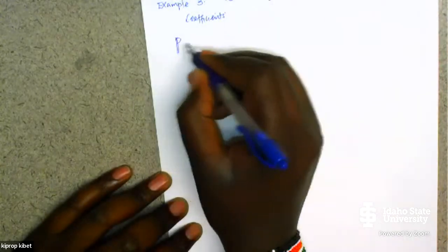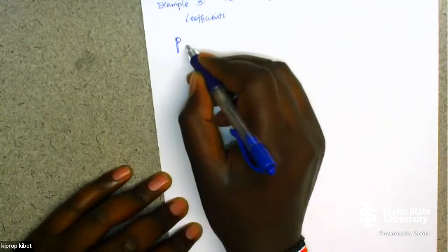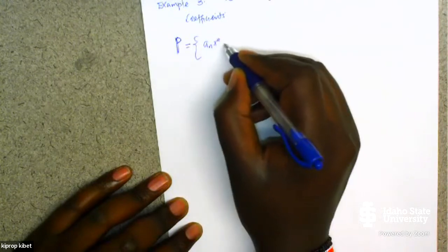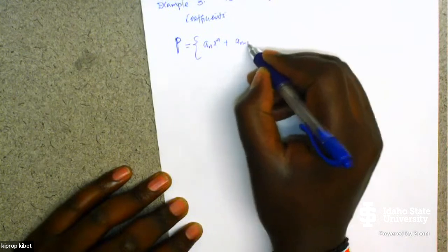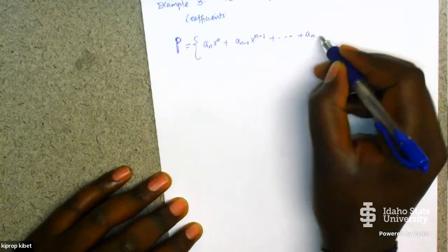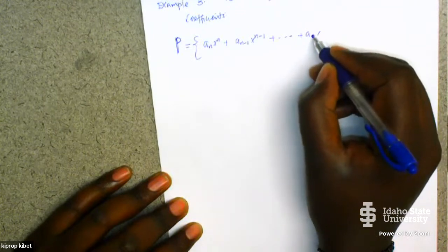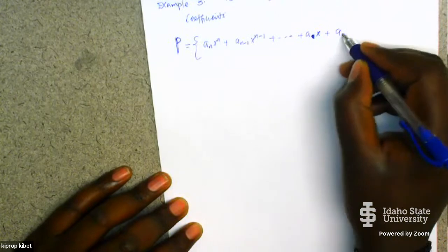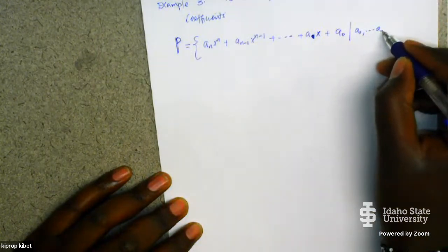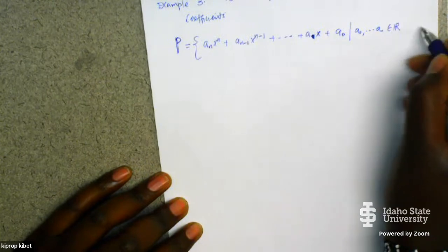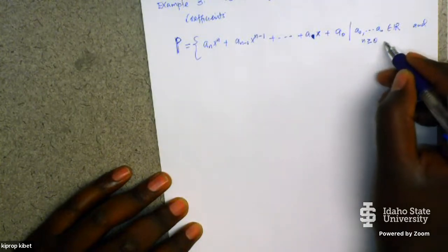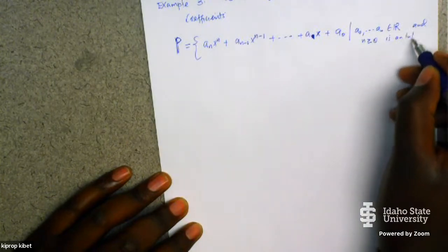It is the capital P, and this is the same as an xn plus an minus 1 xn minus 1 plus all the way to a1 x plus a naught, such that a naught all the way to an are elements of the real numbers, and n is greater than or equal to 0, an integer.